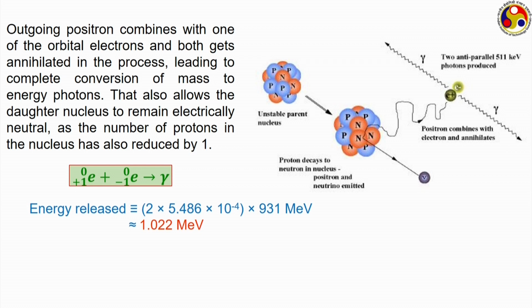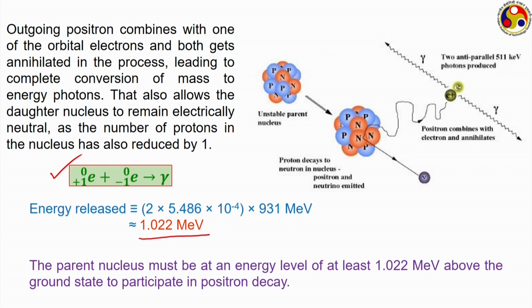So, if we use E equal to mc square, then this particular reaction corresponds to an energy release of 1.022 MeV. So, it is very important to note, just having more protons or an excess number of protons is not sufficient for an isotope to go through positron decay. Rather, it must be at an energy level which is at least 1.022 MeV higher than the base level, only then is it possible to have the positron decay.